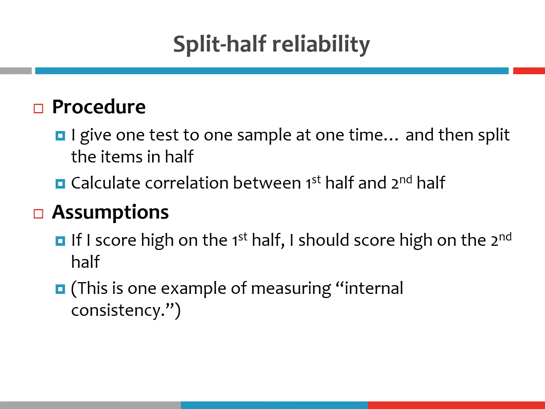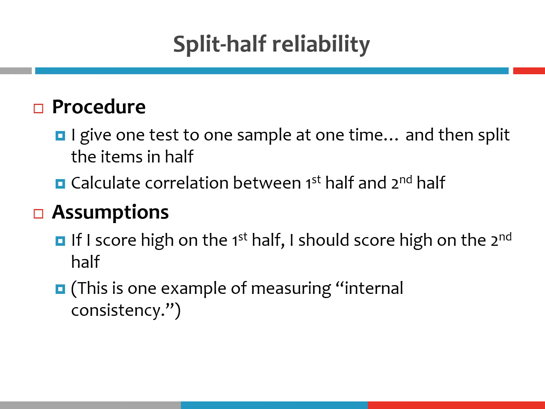So you have one sample of questions on the test. For example, if you have 50 questions on your test, you would split them in half into two groups of 25 questions, okay? And then you would calculate the correlation between the first half of the test and the second half, okay?